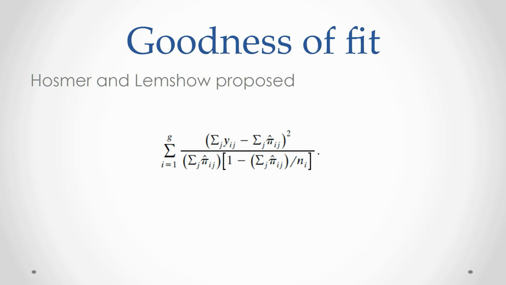Let Πij hat denote the corresponding fitted probabilities for the group fitted to the ungrouped data. The Hosmer and Lemeshow statistic then equals summation i equal to 1 to g, summation over j Yij minus summation Πij hat whole squared by summation Πij over j into 1 minus summation Πij hat over Ni.